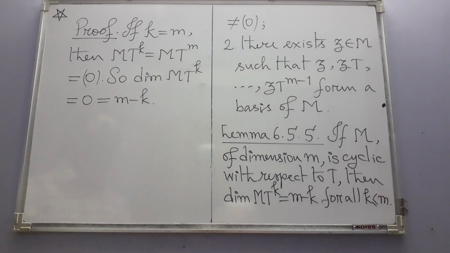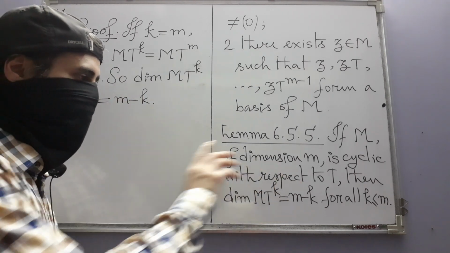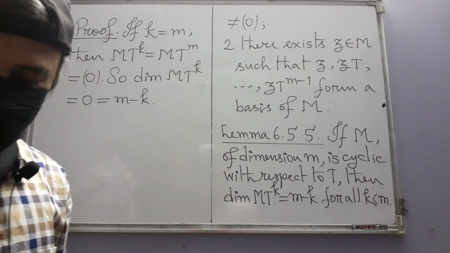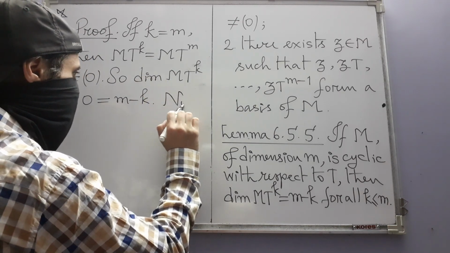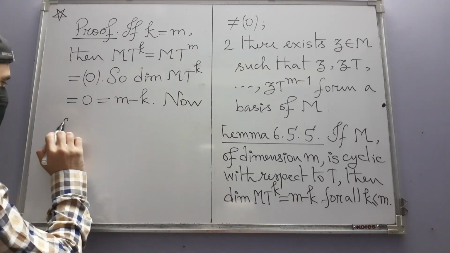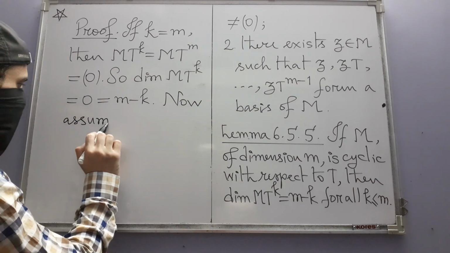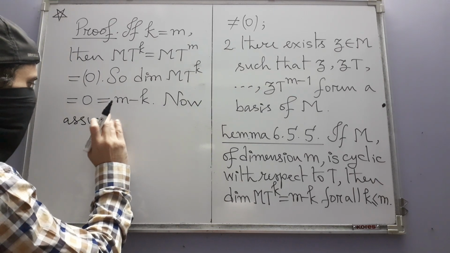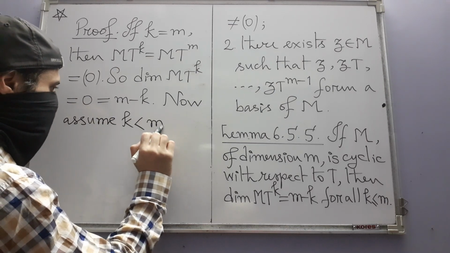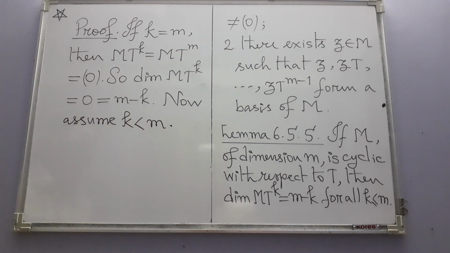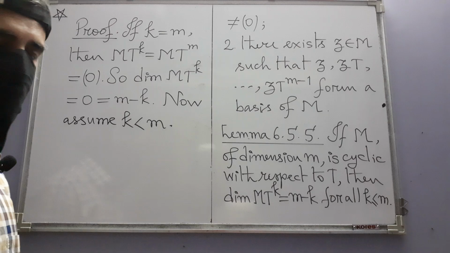Okay, so this case has been handled, so now we can assume that k is less than m. We have already used condition 1 in this case, now we are going to use condition 2.